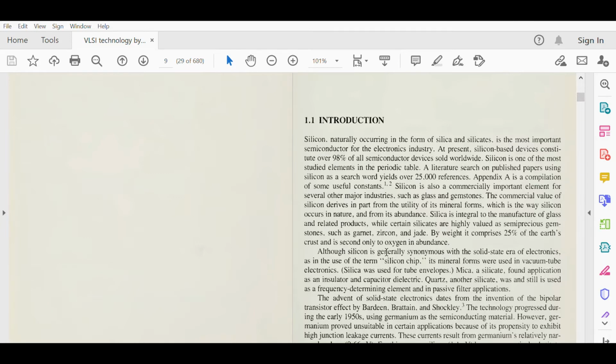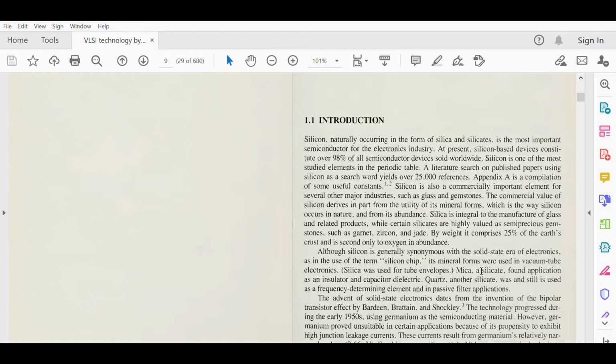Although silicon is generally synonymous with the solid state era of electronics, as in the term silicon chip, its mineral forms were used in vacuum tube electronics. What is the basis of vacuum tube electronics? I just told you a while before. It was silicon, in the form of silica. Silica is nothing but sand.